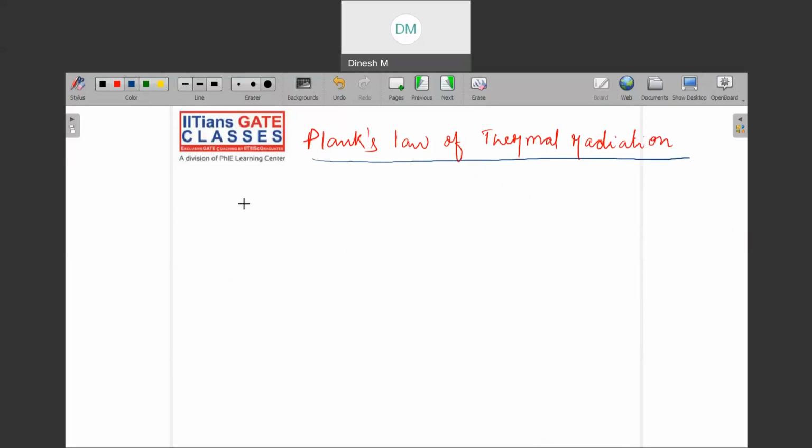So I am talking about spectral emissive power or monochromatic emissive power, E_b lambda. This is a function of lambda and T.